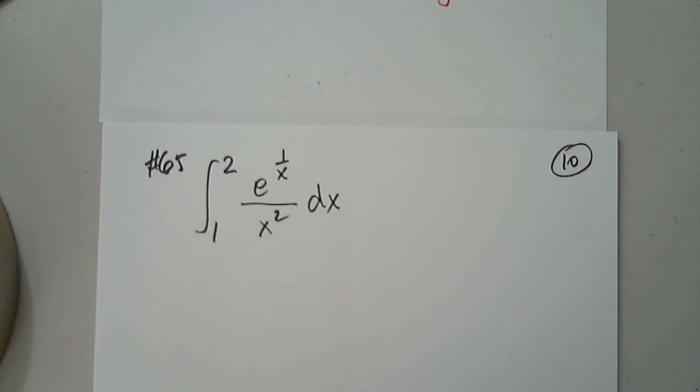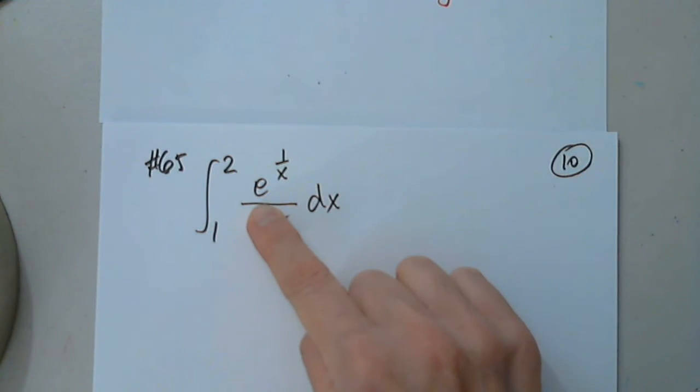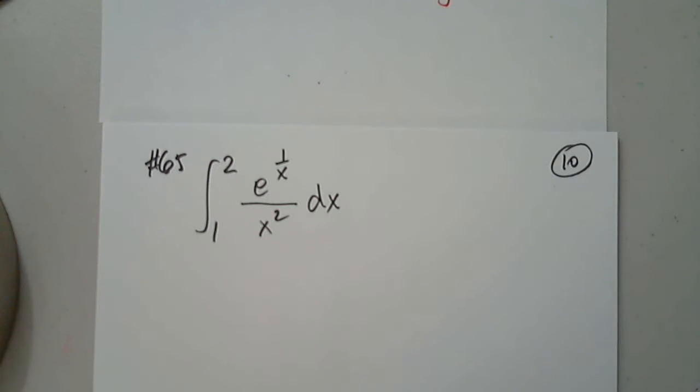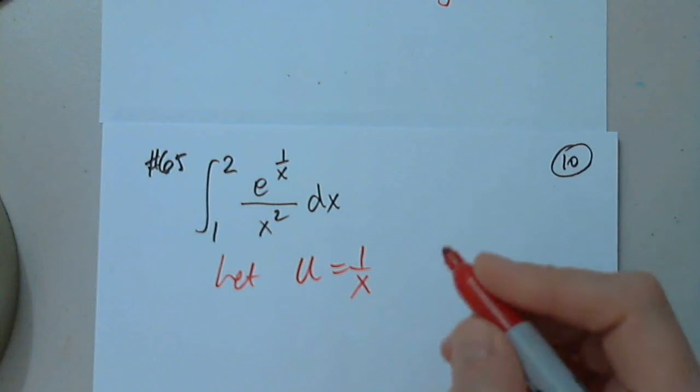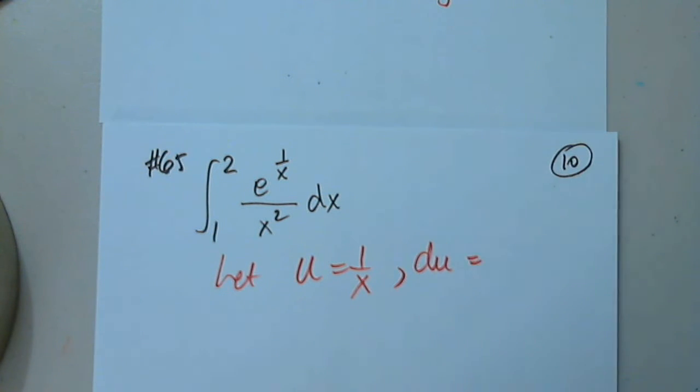What bothers you here? E to the power of 1 over x? Yes, especially 1 over x inside e. So that's my starting point. Okay, I'm going to set let u be 1 over x. As long as du is in the problem, or just a number is missing, a factor is missing, I can always make that up.